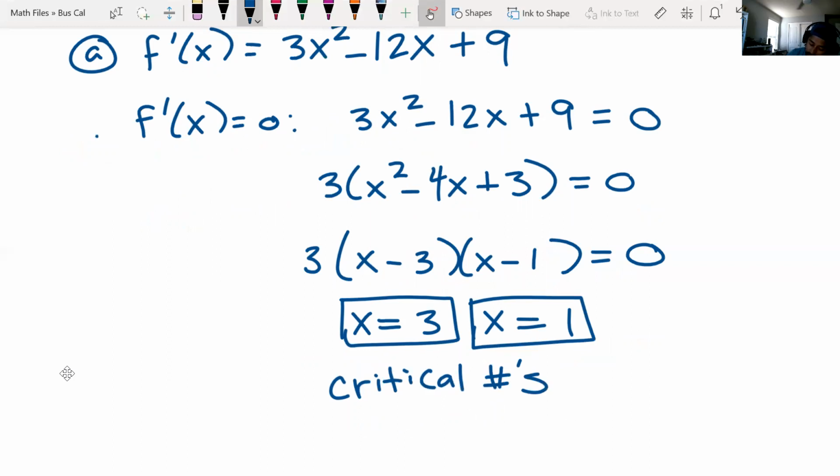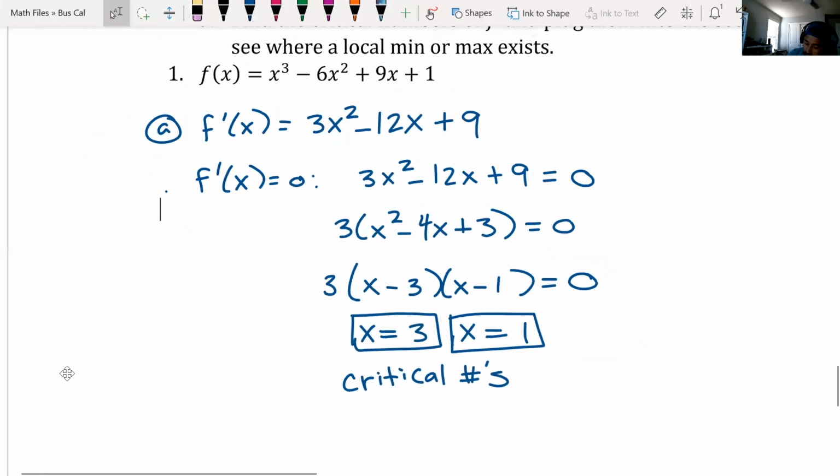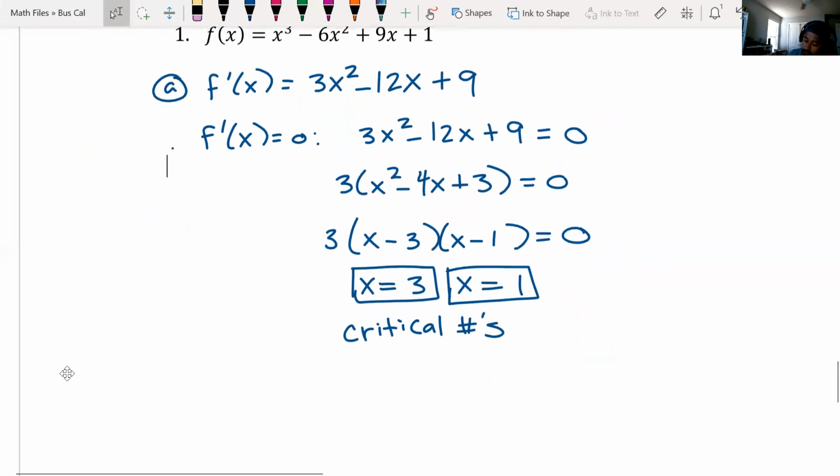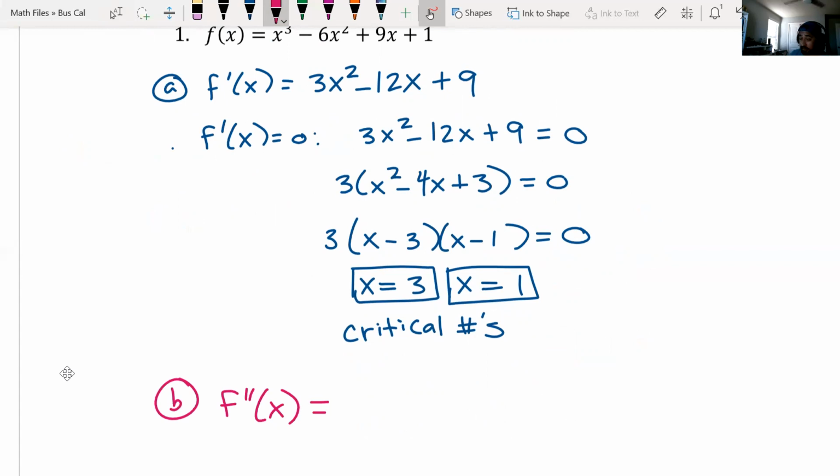Now we move on to step B, which means we're going to find the second derivative. Our second derivative is going to be 6x minus 12.